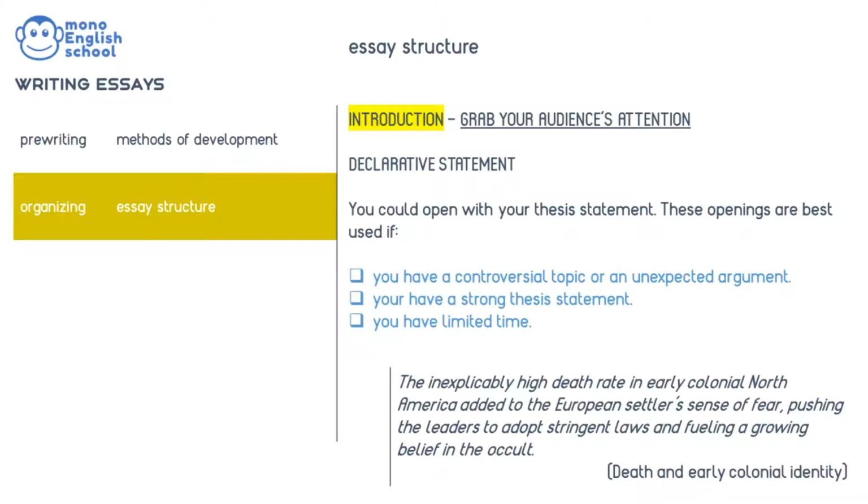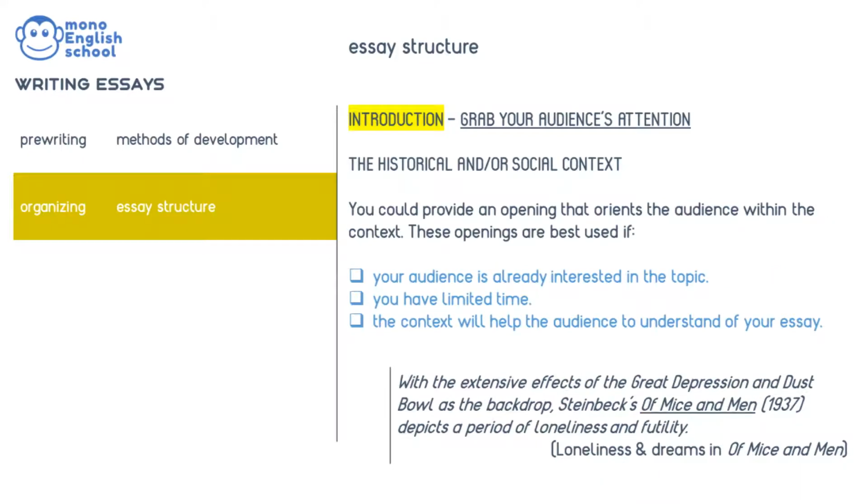A second option is to open with information about the historical or social context. This works well if the audience is already engaged in what you are writing about. This means you can get straight to the point.